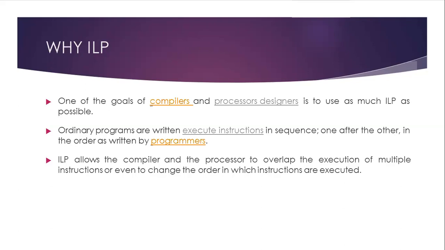But ILP allows the compiler and the processors to overlap the execution of multiple instructions or even to change the order in which instructions are executed. So the goal of ILP is to execute multiple instructions at the same time, and it also allows the compiler and the processor to overlap the execution of multiple instructions.